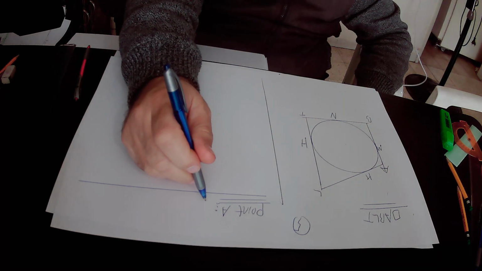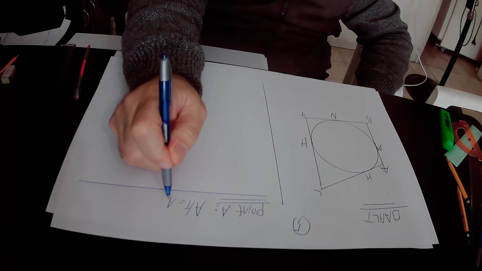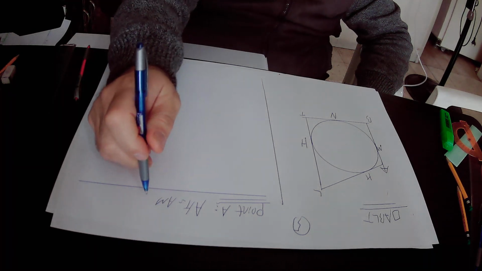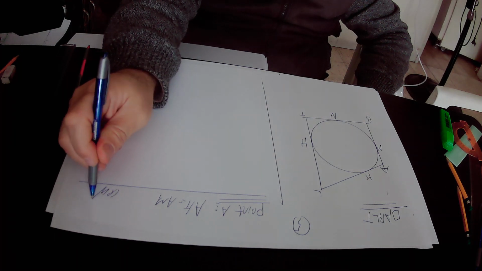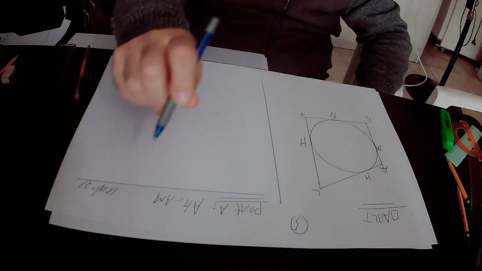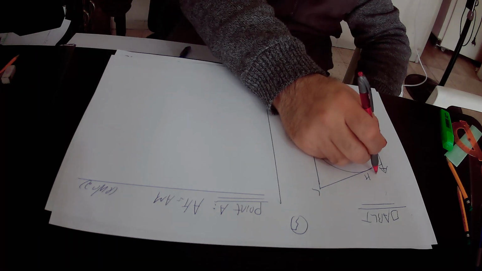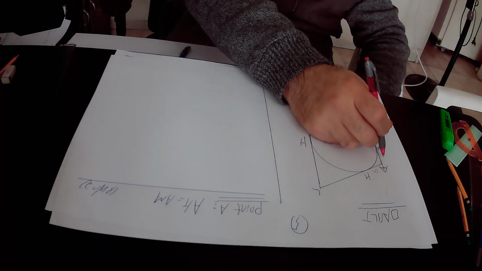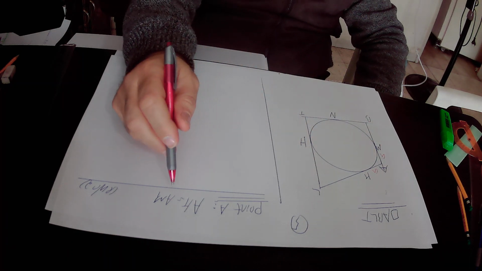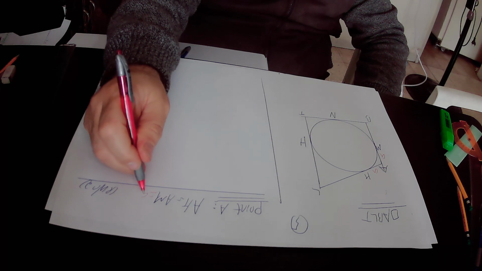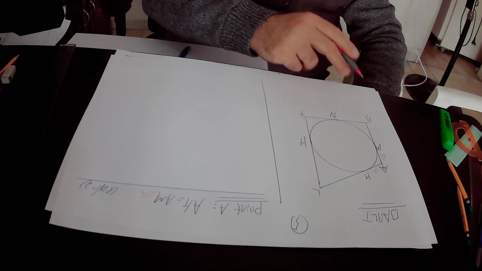So I write it down: tangent AK equals tangent AM in its length, according to rule 2. So if we define the length of tangent AK as a, then the length of tangent AM must also be equal to a because they are equal to each other. So in conclusion, we found out that AK equals AM equals a. In the next step, we will focus on this common external point, point B.